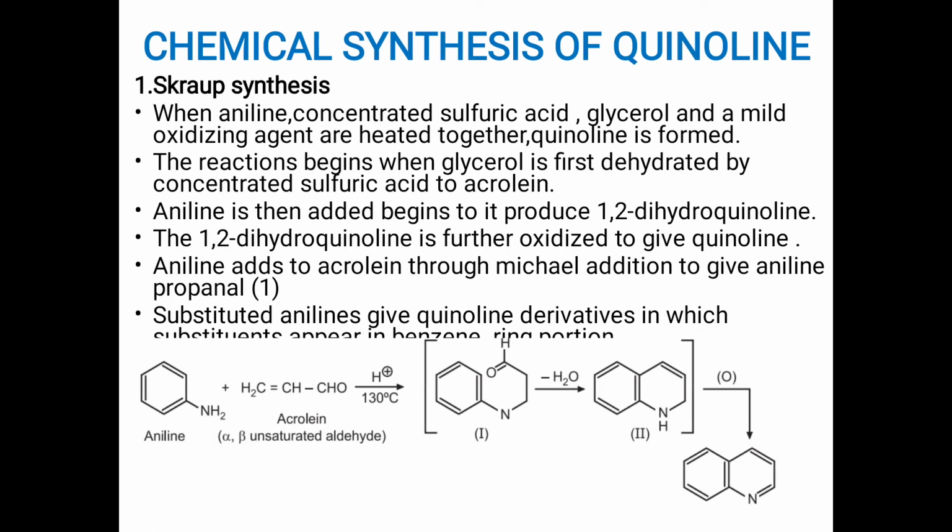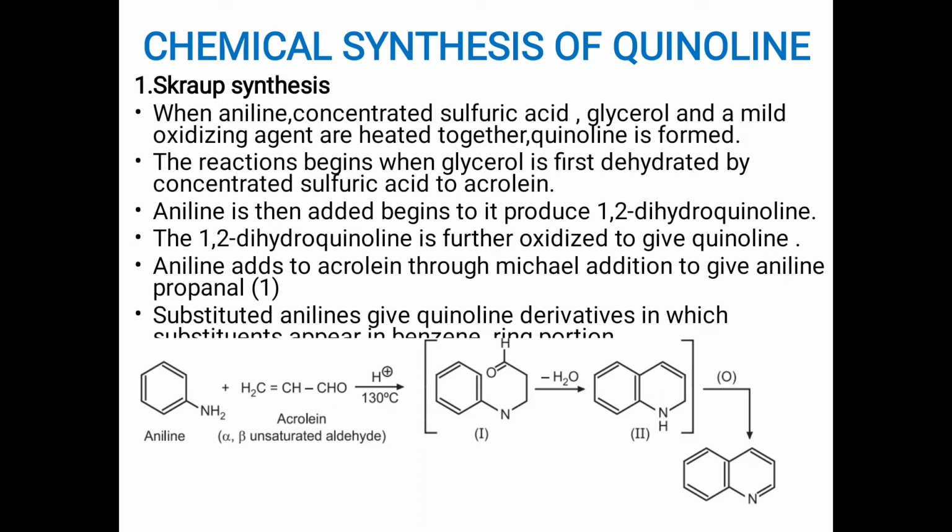Then is the chemical synthesis of quinoline. In the Skraup synthesis, when aniline, concentrated sulfuric acid, glycerol and a mild oxidizing agent are heated together, quinoline is formed. The reaction begins when glycerol is first dehydrated by concentrated sulfuric acid to acrolein. Aniline adds to acrolein through Michael addition and begins to produce 1,2-dihydroquinoline.